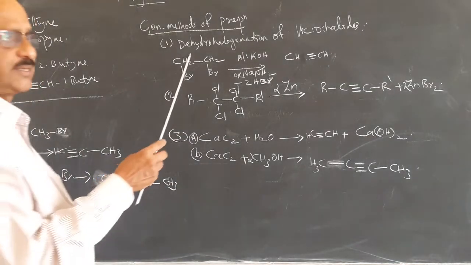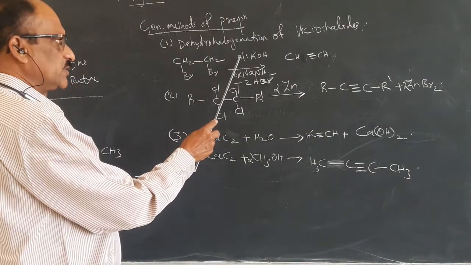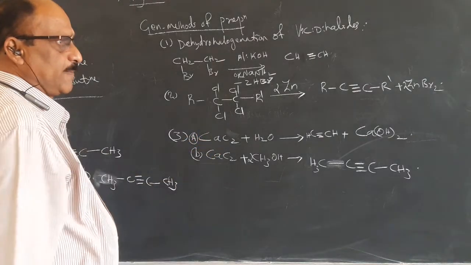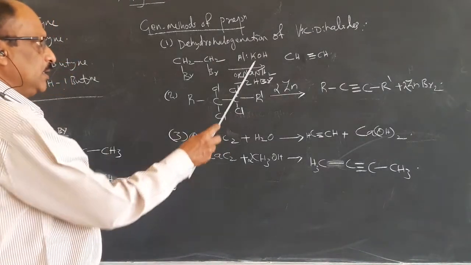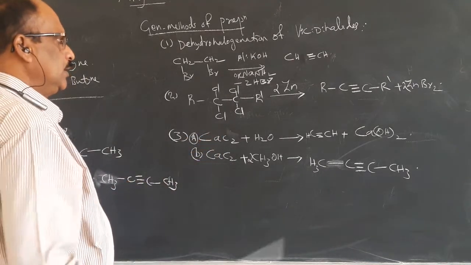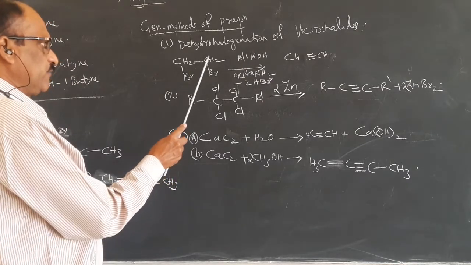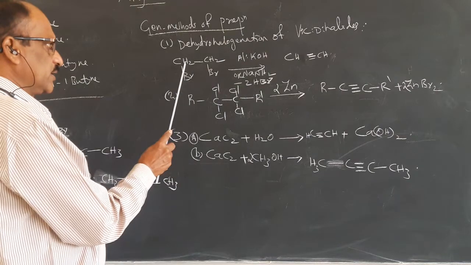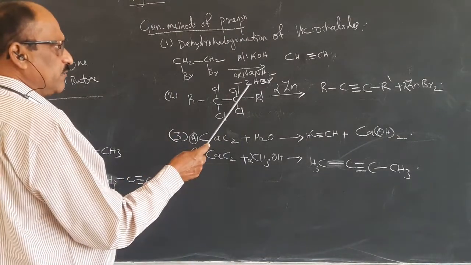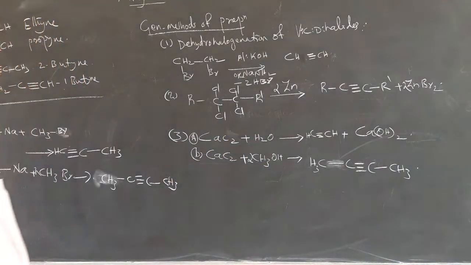But here you have to take the vicinal dihalide, CH2Br CH2Br, in presence of alcoholic potassium hydroxide or sodamide, anyone, NaNH2. Two molecules of HBr are eliminated, one HBr from here, another HBr from here, and you get 1 molecule of acetylene, CH triple bond CH.